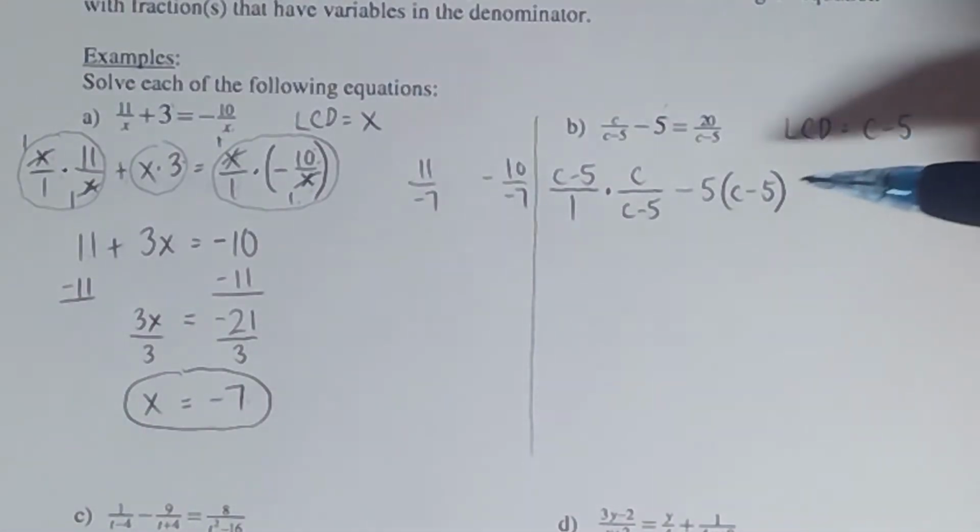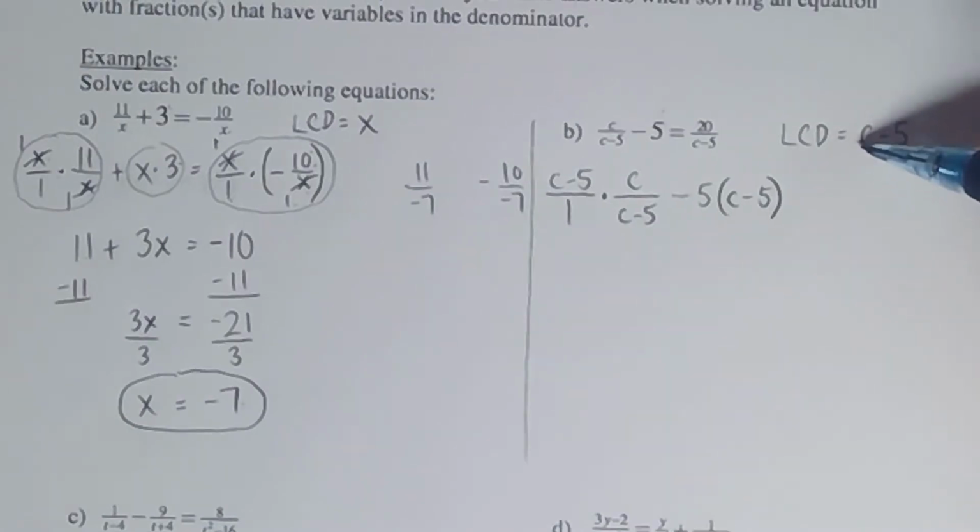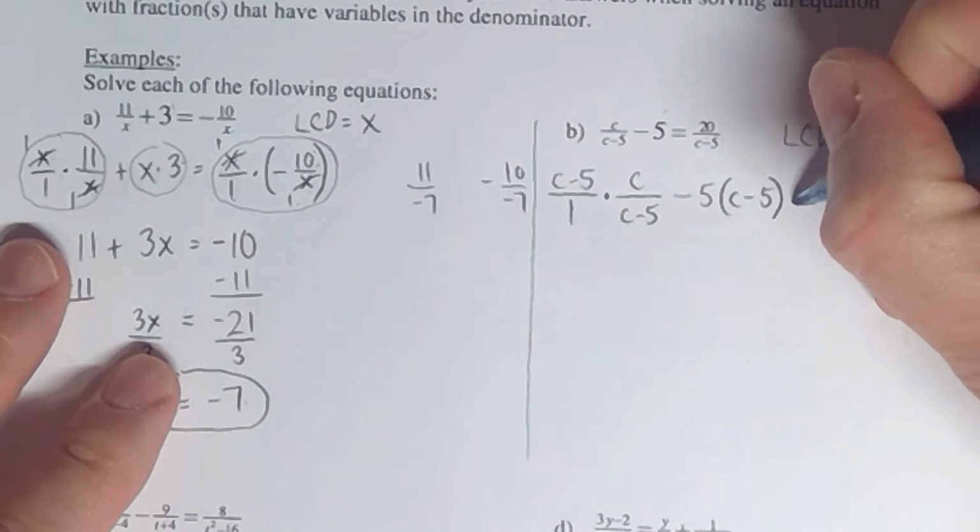As we've mentioned in the past, when you multiply by something that has more than one term in it, you've got to bracket that thing in order to make sure you multiply by the whole thing.